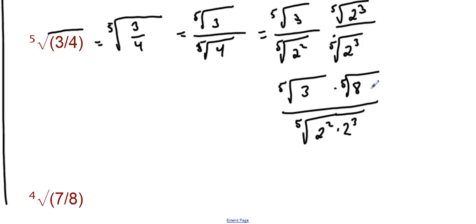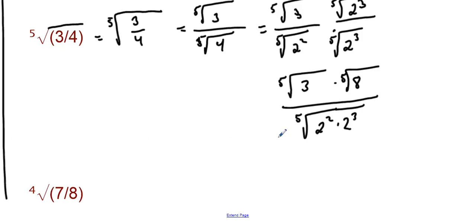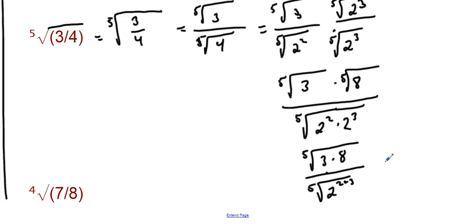Right here, I now add these exponents together, which is 2 plus 3, which gives me 5. I'll multiply these two together, 3 times 8. So now I'm just going to combine everything. I have 3 times 8 over the fifth root of 2 to the 5.